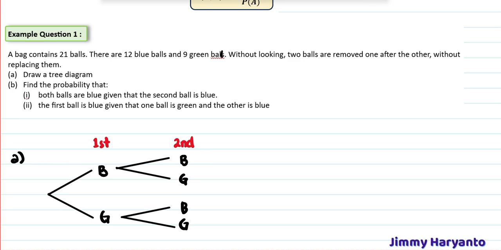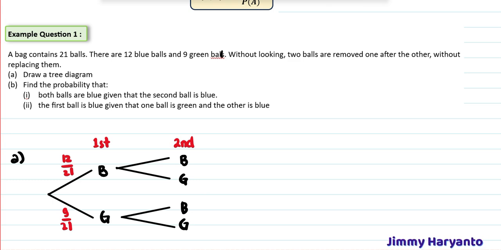Okay, done. And then for the blue balls, you will have 12 over 21. That means when you simplify it, or maybe just leave it like that because that is not our final answer. So this one will be 9 over 21, and the question says without replacing them. So after you get a blue ball, you will not put it back to the bag.